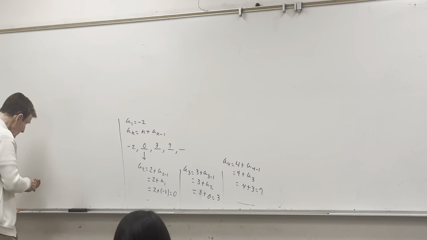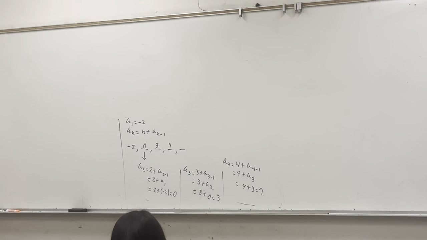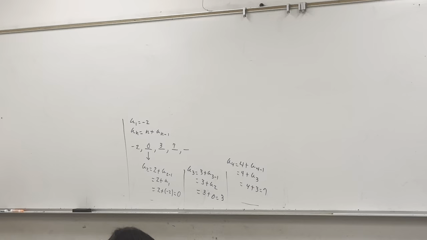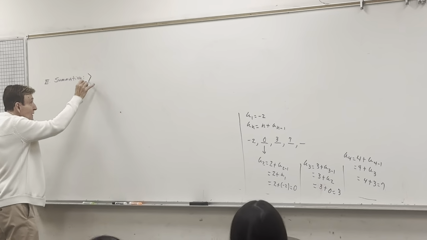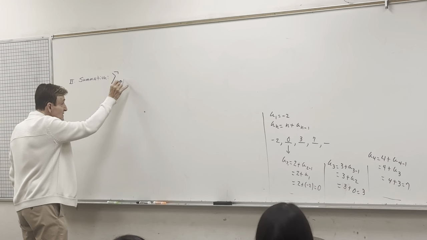Okay. Let's call this part 2. Finally, we're going to do this. Now take those terms and sum them up. We use this symbol for math, from the Greek alphabet, summation, sigma.